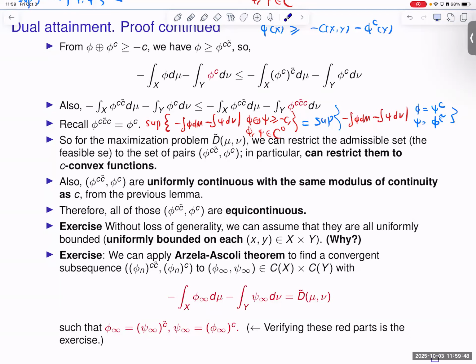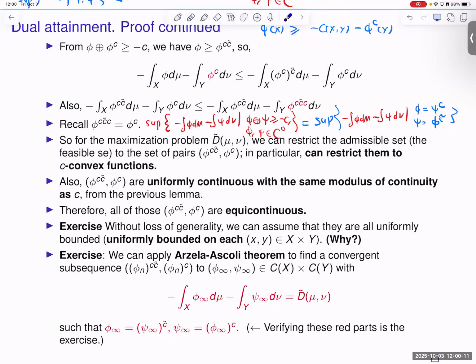Then the values of the functions will go to infinity, so no convergence. So in the Arzelà-Ascoli theorem, you need uniform boundedness of the functions. Namely, the family of functions all need to be bounded by the same constant.